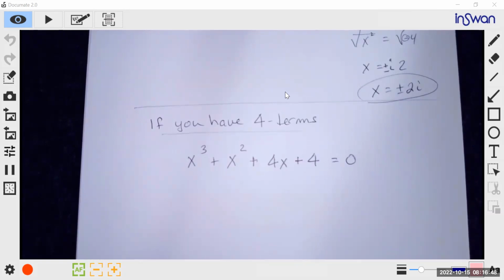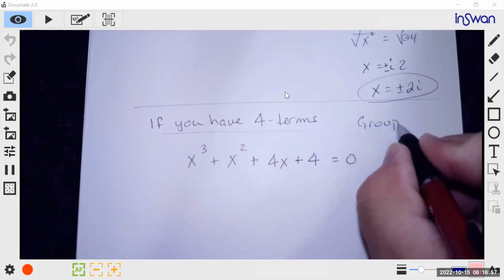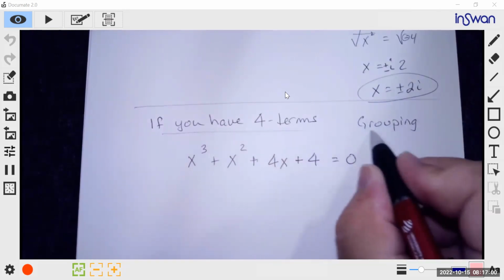If you have 4 terms, at this stage of the game, there's only one method we can use. Grouping.